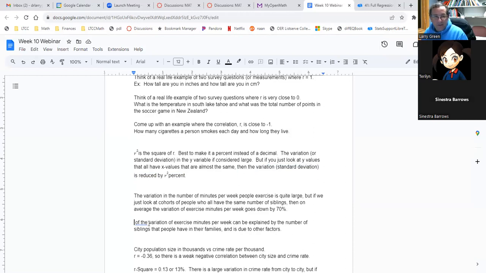Okay, so we can also say 70% of the variation of exercise minutes per week can be explained by the number of siblings people have in their families. And 30% is due to other factors.